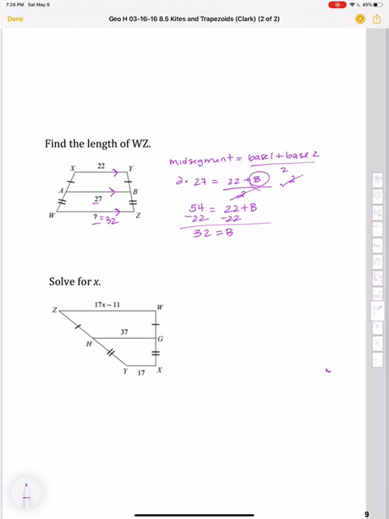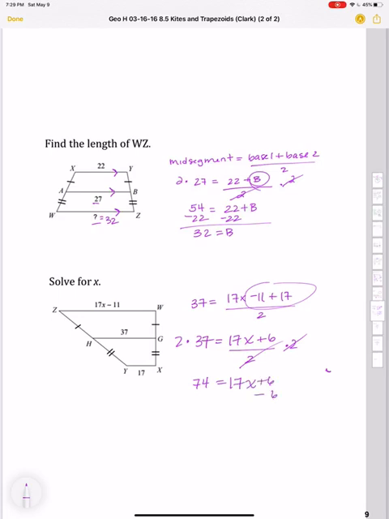Okay, so this one says solve for x. Well, to get 37, the mid-segment, you have to do 17x minus 11 plus 17, all divided by 2. So to get 37, you do 17x, and we can combine those two, so that would be plus 6, over 2. Now, I want to get x by itself, so I'm going to multiply by 2 to undo it. So this would be 74 equals 17x plus 6.